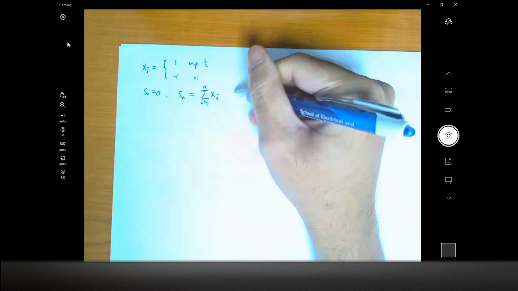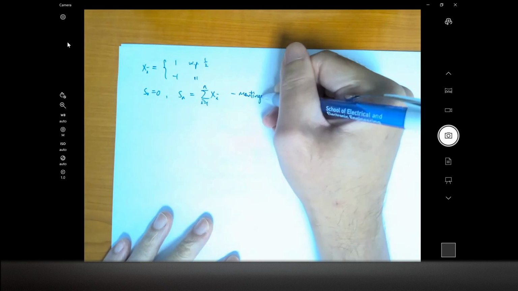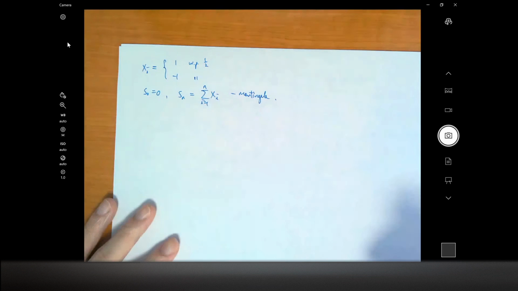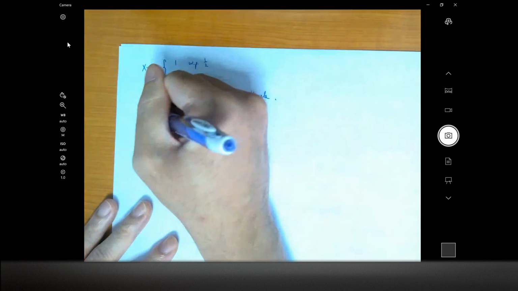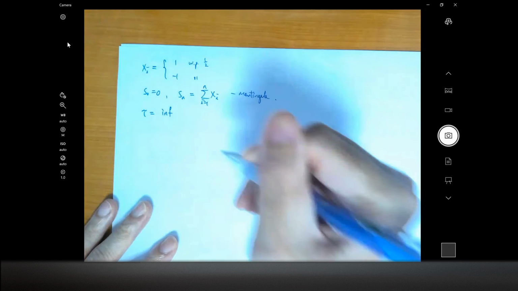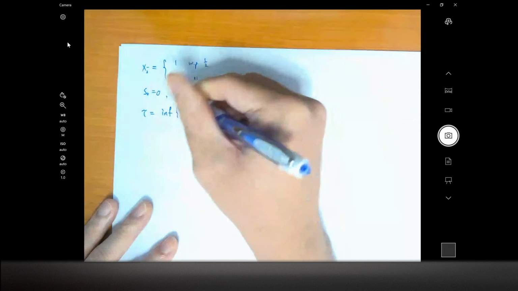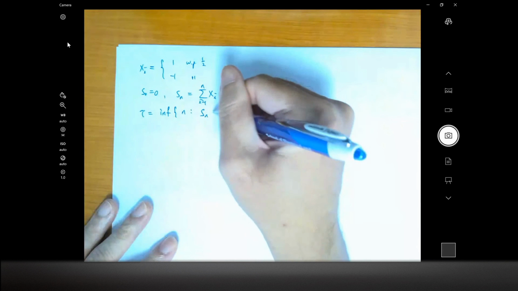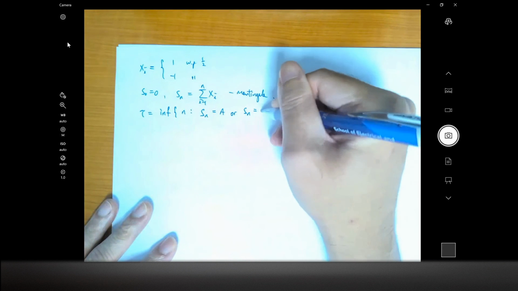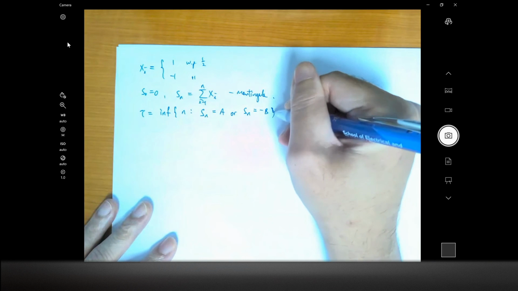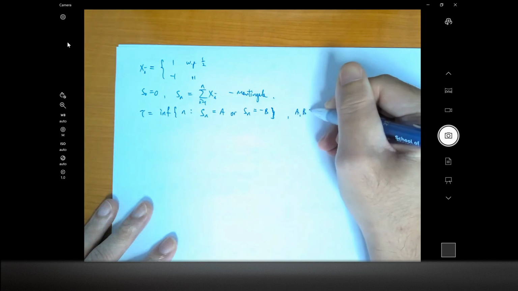And we saw last week that this is a martingale. Now let's define a stopping time. The stopping time that we are defining is basically the first time n when this sum S_n is equal to A or S_n is equal to minus B. My A and B are two positive integers.